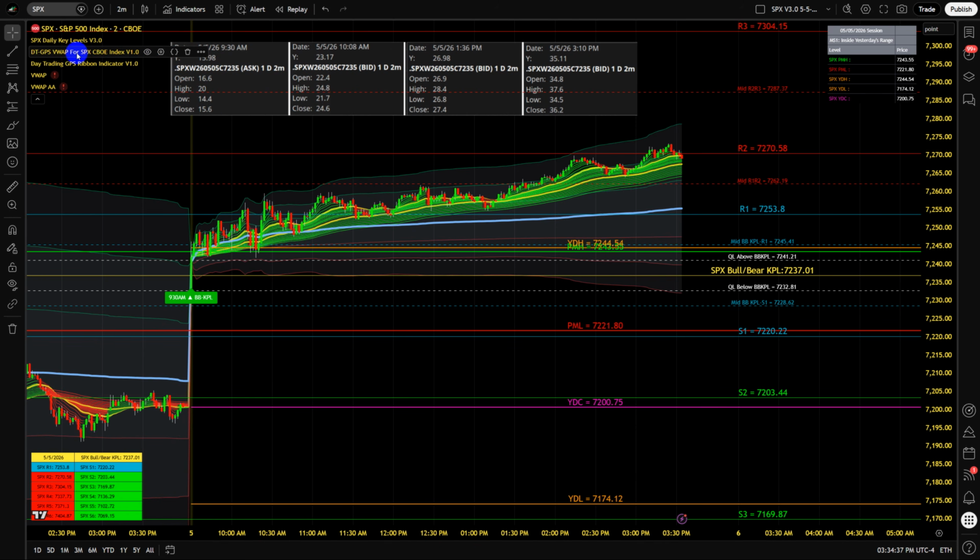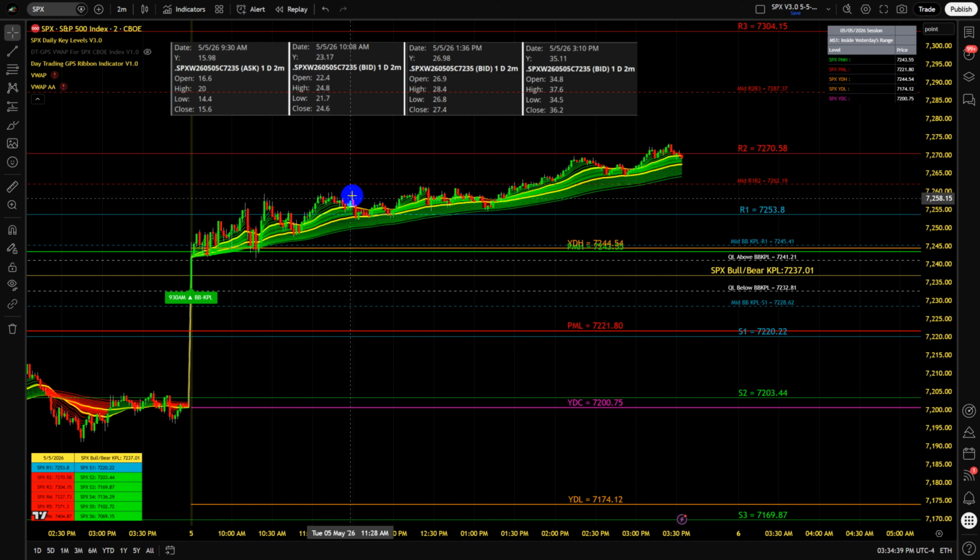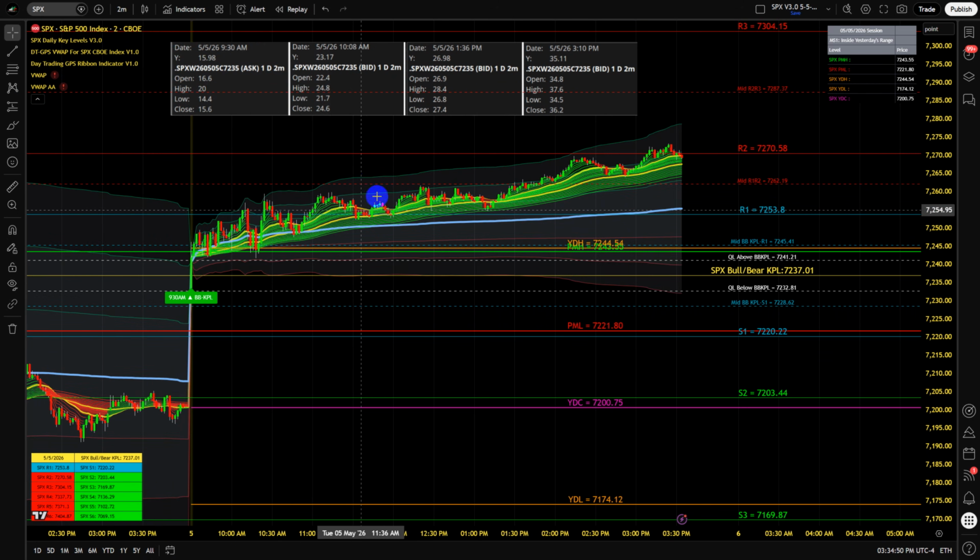So if we turn off our VWAP here, you'll see now the VWAP has disappeared because neither one of these VWAPs work while on this symbol or the XSP. However, our VWAP indicator uses an external data source and is able to work on both the XSP mini index as well as the regular SPX CBOE index.